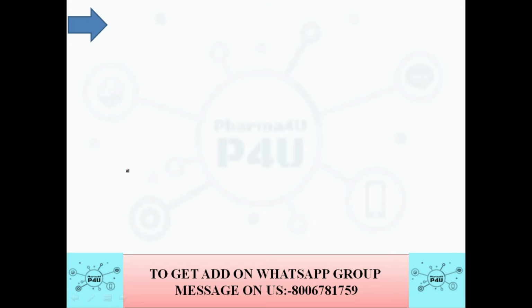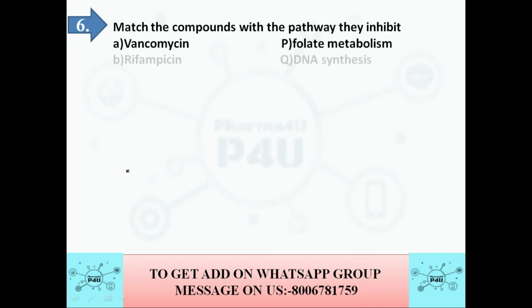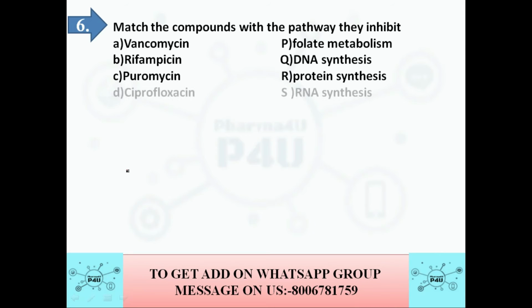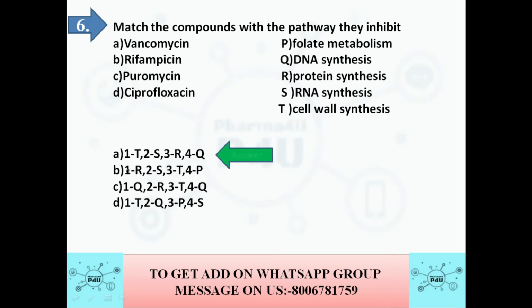Now the next question is, match the compounds with the pathway they inhibit. Options are vancomycin, rifampicin, puromycin and ciprofloxacin. So we have to tell their exact match with their pathway. According to this, the correct answer is option A, means 1 vancomycin has the mechanism of action of inhibition of cell wall synthesis, while rifampicin is 2.